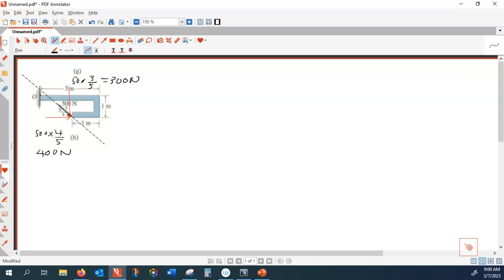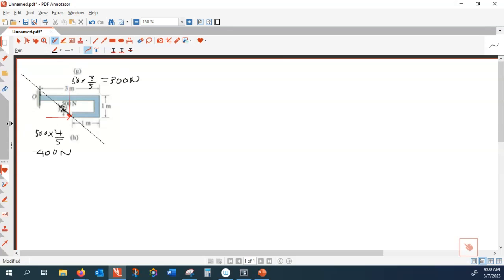Each of these forces makes a rotation with respect to O. Starting with the horizontal one, what is the moment of the horizontal force? This force doesn't exist anymore. You don't consider it anymore because we already broke it into two components. What is the shortest distance between the line of action of this force and point O?